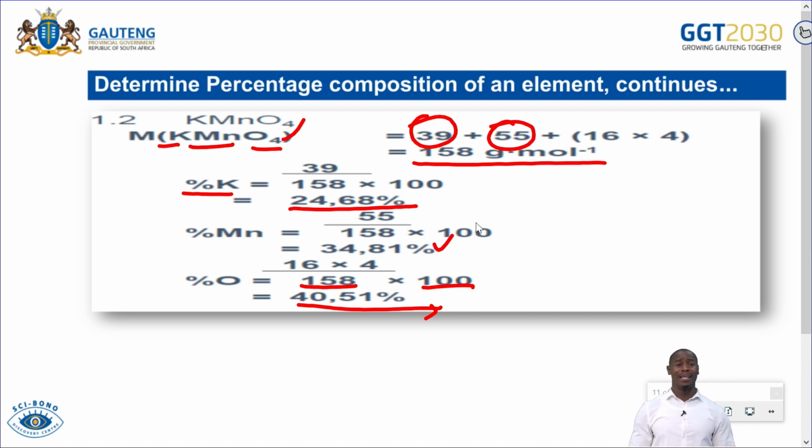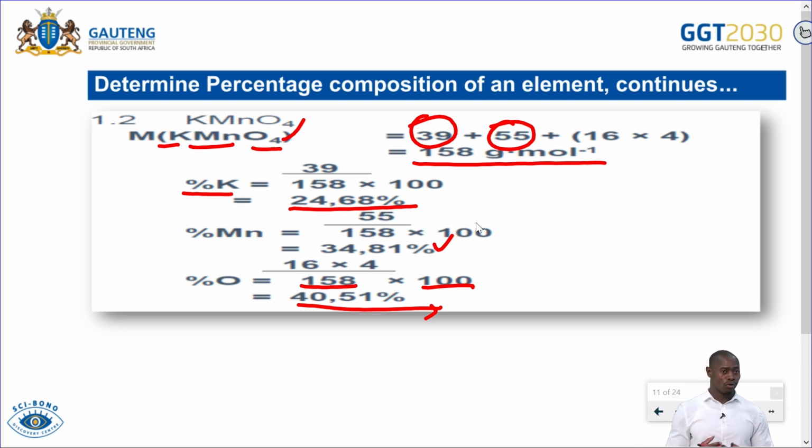So this is how we can calculate the percentage of each element in a compound. Start with the molar mass of the whole compound. Then how do we calculate percentage composition? The percentage composition is given by the molar mass of an element divided by the molar mass of the compound. Multiply that by 100. But again, please be careful when you're using that.